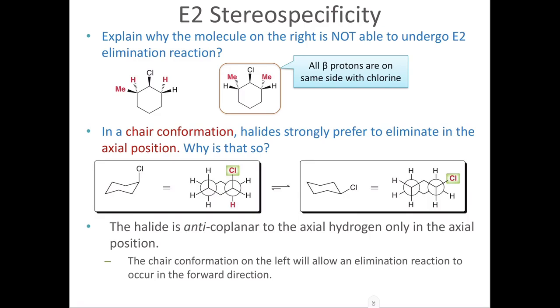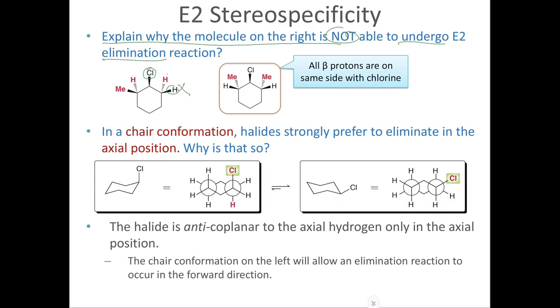Let us look at this example. Explain why the molecule on the right is not able to undergo E2 elimination. The one on the left, if we start with that, we can see the chlorine is on the same plane as that hydrogen, so we cannot use that hydrogen to do elimination.